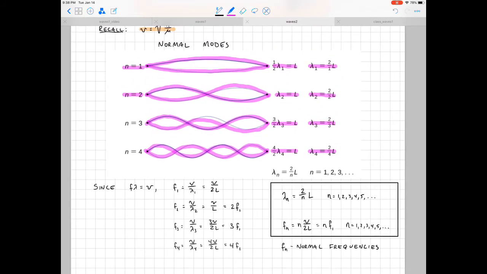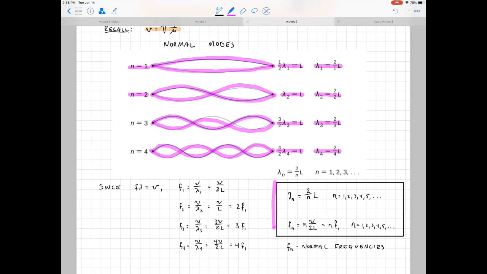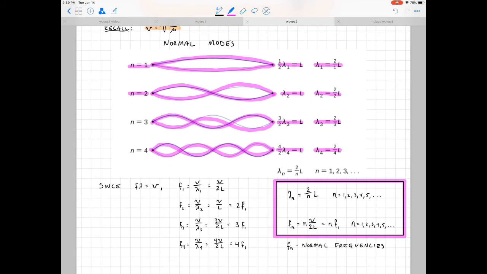All of this to say you can write out an expression for the wavelengths of the standing waves that are allowed in this system, and these wavelengths are 2 over n multiplied by the length of the string, where n can be any positive integer. Right, so these standing waves are known as the normal modes.